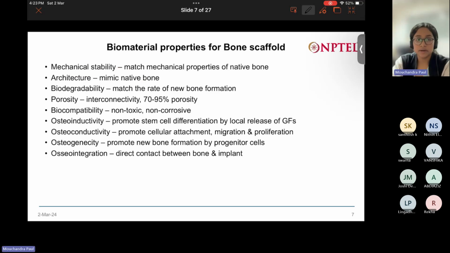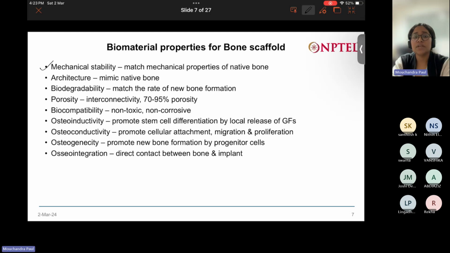Now, for bone tissue engineering application, suppose you are thinking of choosing a biomaterial and using it as a scaffold for repairing or regenerating bone. What properties should it have? First thing is the mechanical property of the material.